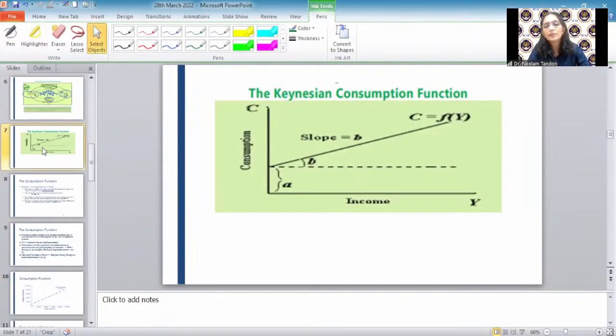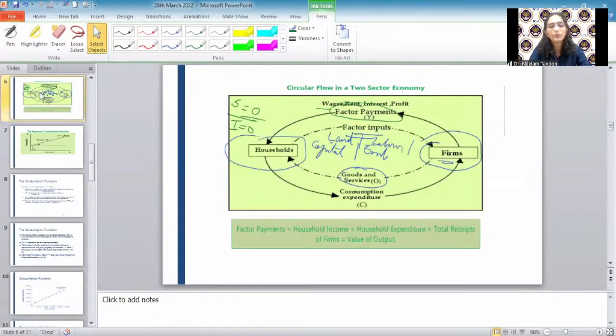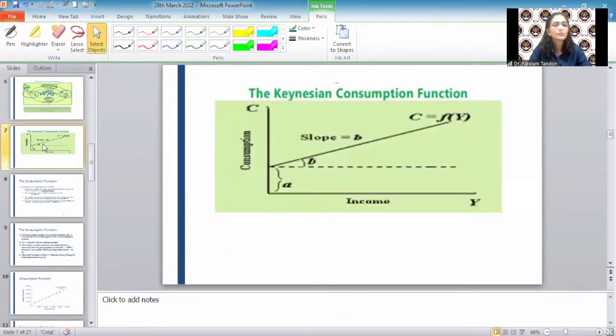So this is a consumption function. This was given by whom? Keynes. So now we'll talk about consumption function. Circular flow is clear to all of you? Okay, so consumption function, you remember we had discussed disposable income in the last class?